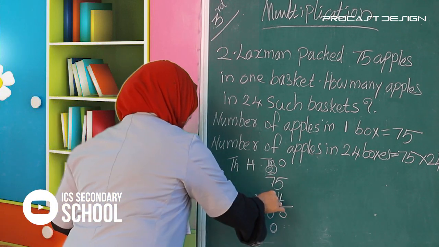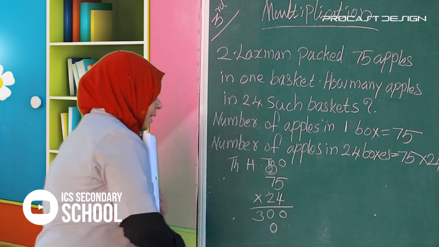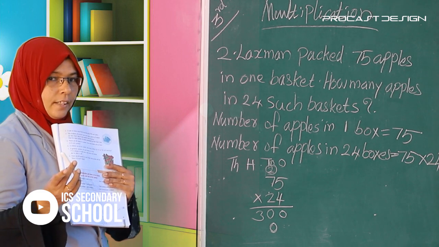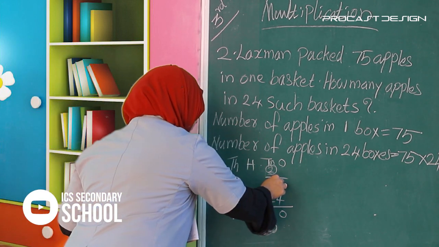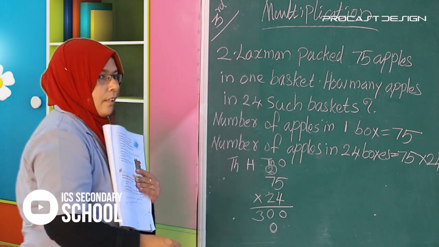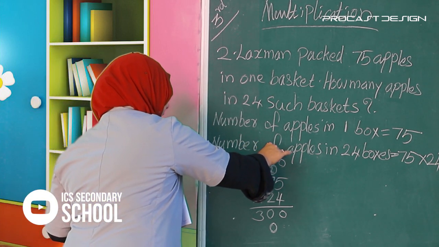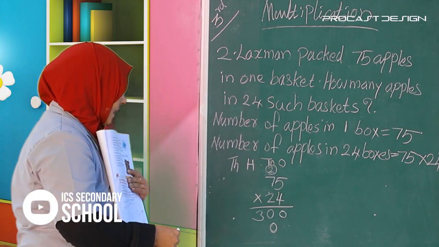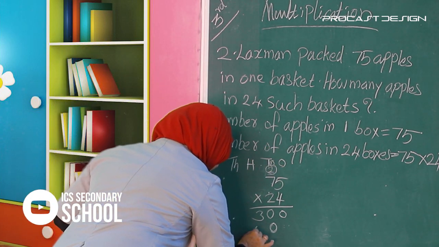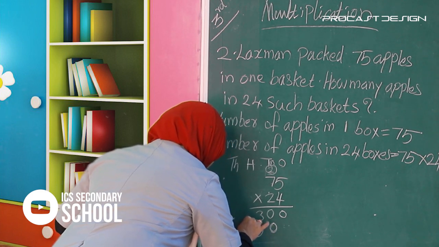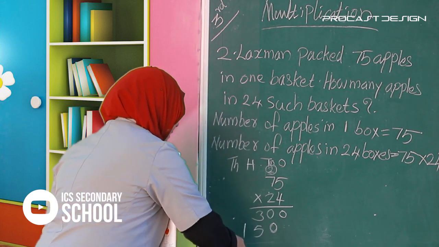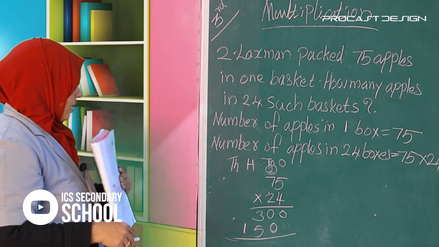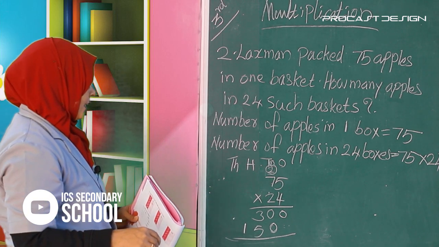Okay. Next, 2 into 7 equals 14. 14 plus 1 equals 15. Write 1 in the thousands place.